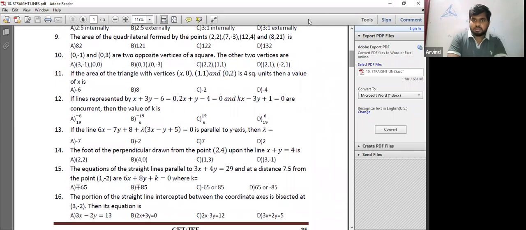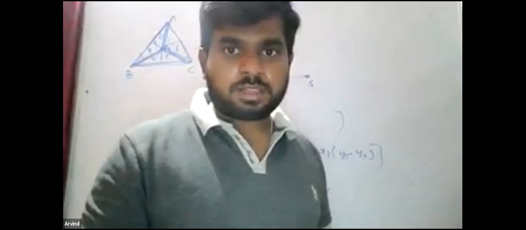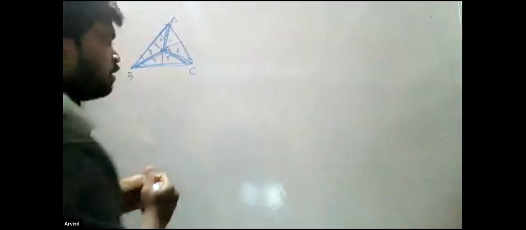Let's go to the 9th one. Finding the area of the quadrilateral. Okay. I'll stop sharing. I'll give you a general formula for how to find the area of a quadrilateral.